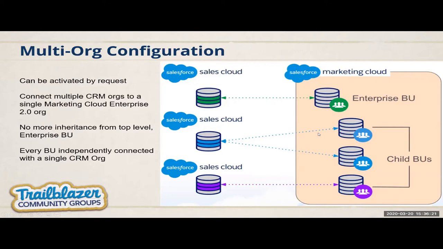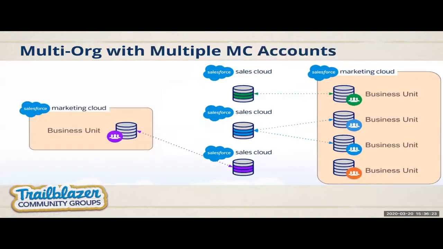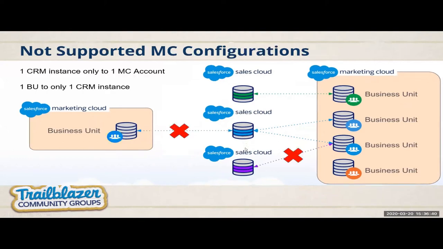In some cases, you will have companies with multiple Marketing Cloud accounts. For instance, I might have two different Marketing Cloud accounts with multiple BUs, and they can also connect to CRM instances. But one thing you should know is you cannot have one CRM instance connecting to two different marketing accounts. For instance, this blue Sales Cloud instance that you see here cannot connect to the Marketing Cloud on the left and the right.